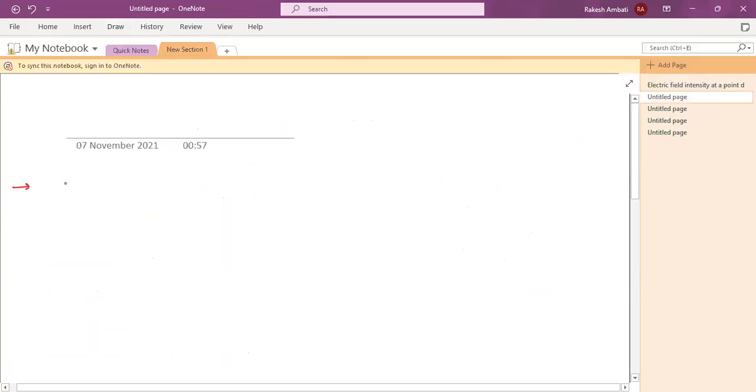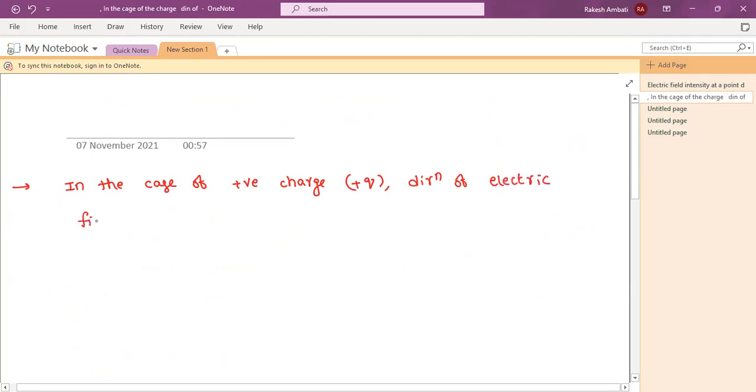Next point: in the case of positive charge, plus Q, the direction of electric field is away from positive charge. For example, here we have a positively charged particle.